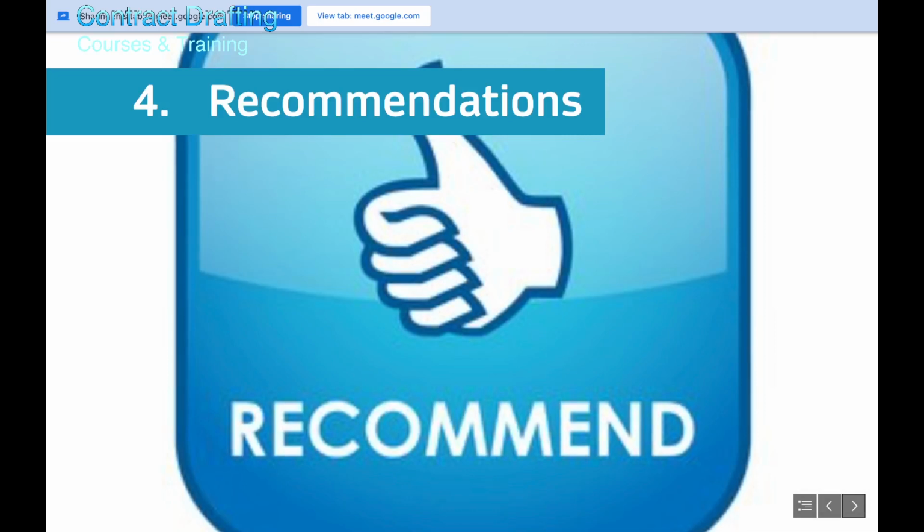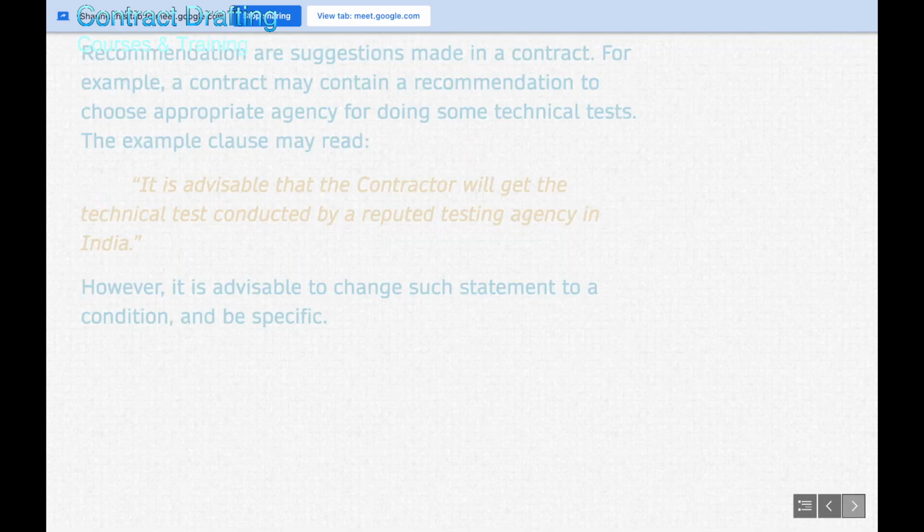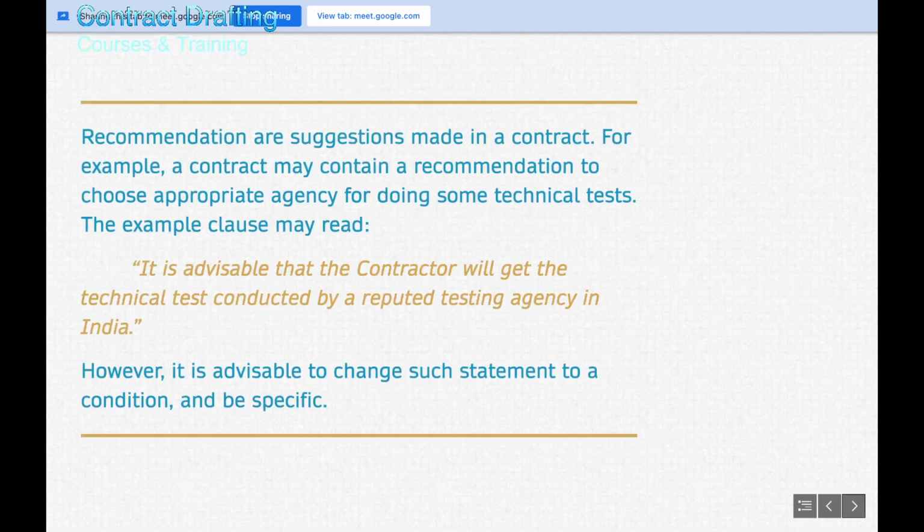Next is recommendations. Recommendations are suggestions made in the contract. These recommendations can be very rare. For example, if there is a technical test that needs to be conducted, then there can be a suggestion or recommendation that the contractor will get the technical test conducted by a reputed testing agency in India.